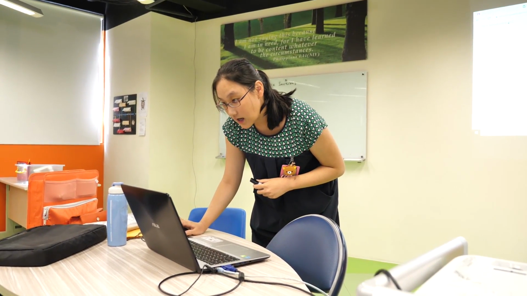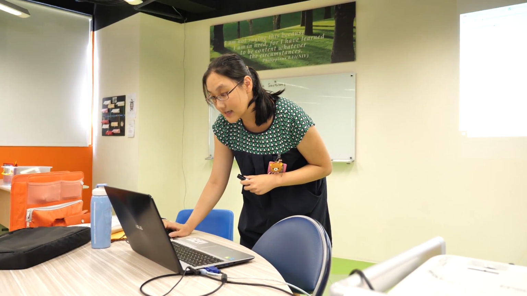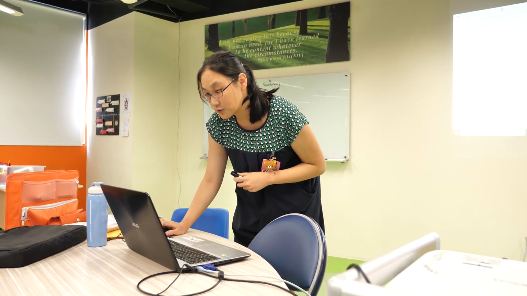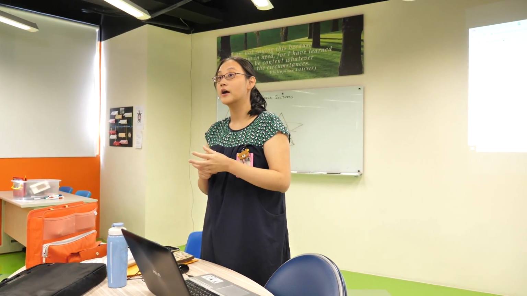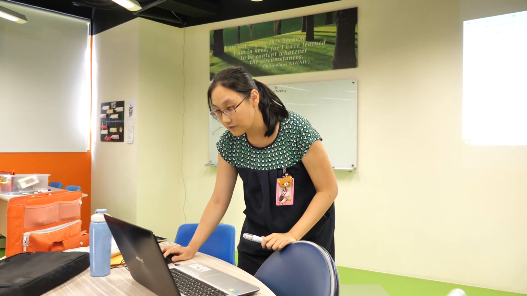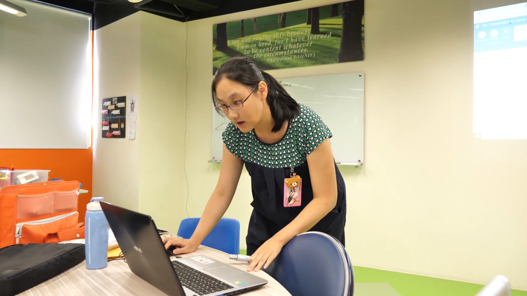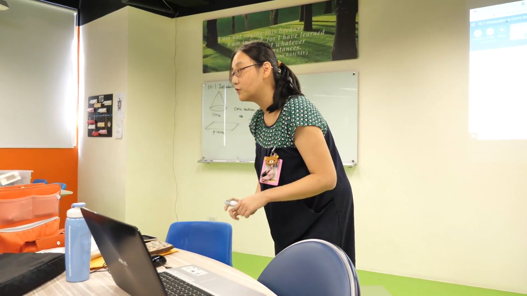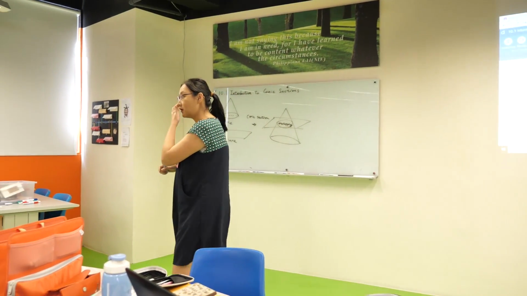So the second content objective is that we have to understand how to graph conic sections using the Desmos graphing calculator. Later I will show you how to use the Desmos graphing calculator to graph the conic section and to identify which conic section it is. If you understand, you can press understand. I'll give a few minutes and then see how you feel about the content objective.